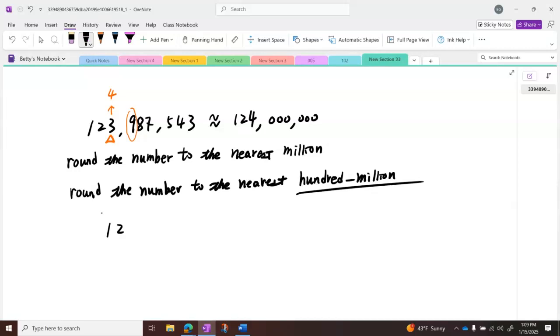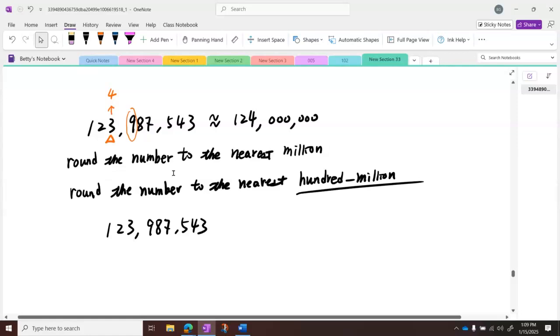Let me write the number again: 123,987,543. We need to round this number to the nearest 100 million. Firstly, find the rounding spot, and then look at the number behind it. If the digit behind it is less than 5, we round it down. Otherwise, if the digit behind the rounding place is bigger than or equal to 5, we round it up. Please share an answer in the chat.